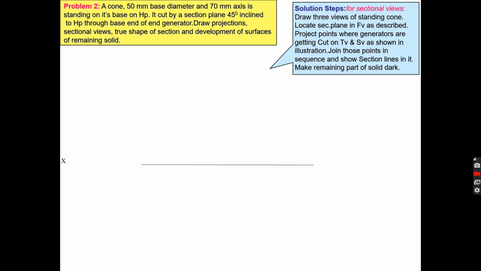So first we have to draw the front view and top view of a cone. This is your top view of the cone, and I am dividing the circle into 8 parts. You can also divide it into 12 parts.